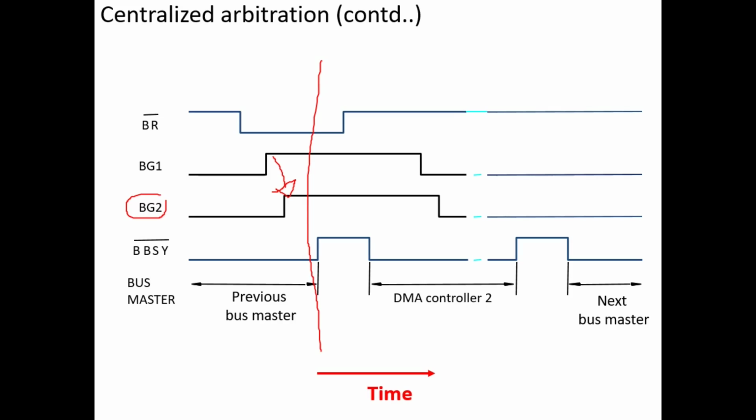Since it has blocked the signal, DMA controller 2 became the new bus master, and it waits for the bus busy signal to become 1. That means it waits for the previous bus master to give up his bus mastership and free the bus.